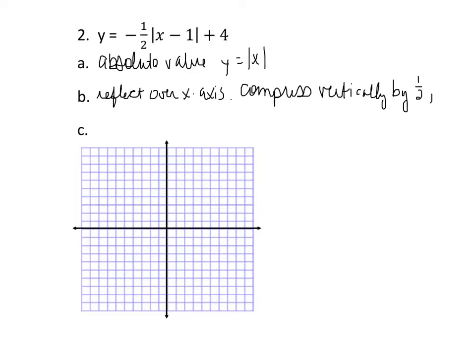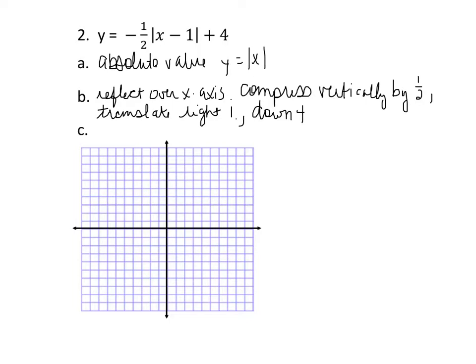And then the -1 on the inside is going to make it move or translate right 1 and translate down 4. Okay, let's go ahead and graph it.